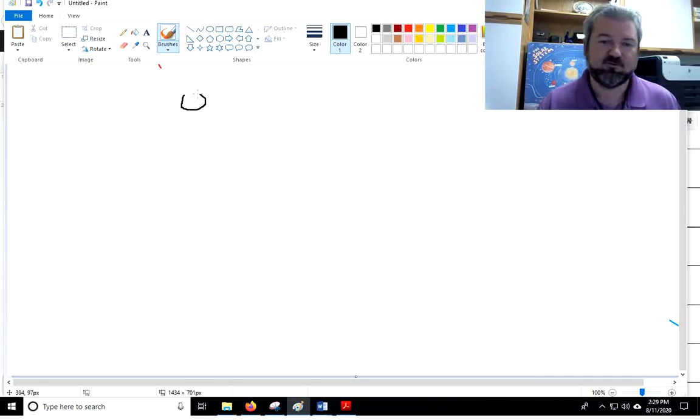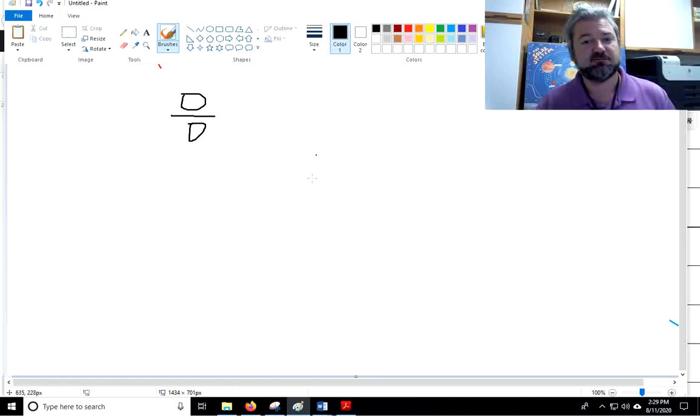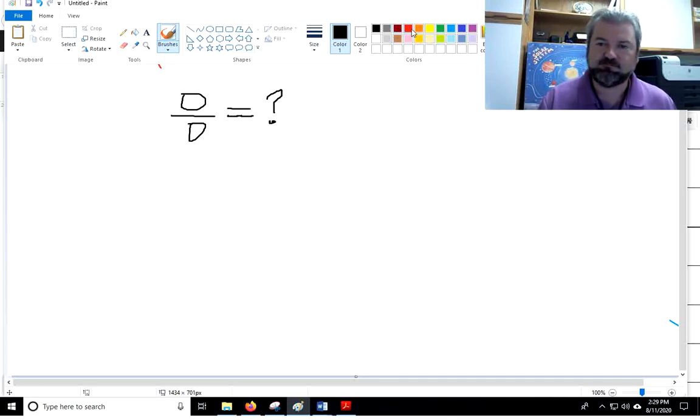Here's my next question. What is this? Well, it's undefined, right? We said no real value, and it turns out it's no value at all, so we actually say undefined. But what if we could imagine what that number is? Let's just call it a question mark. Well, what I've been saying is that I have to be able to take this over to the other side and make it multiplication. It has to equal that, right?